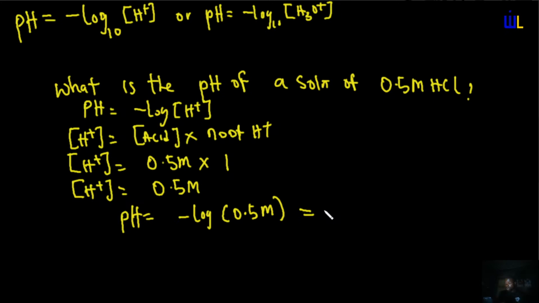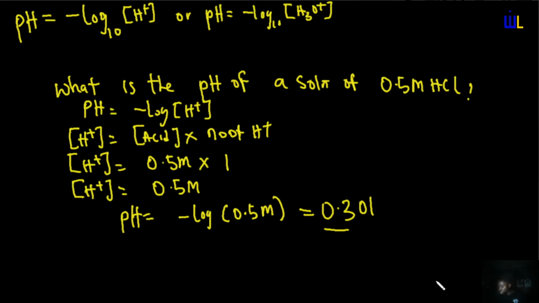So what we're going to get is negative log of 0.5. So our answer is going to be 0.301, and that's basically our pH.